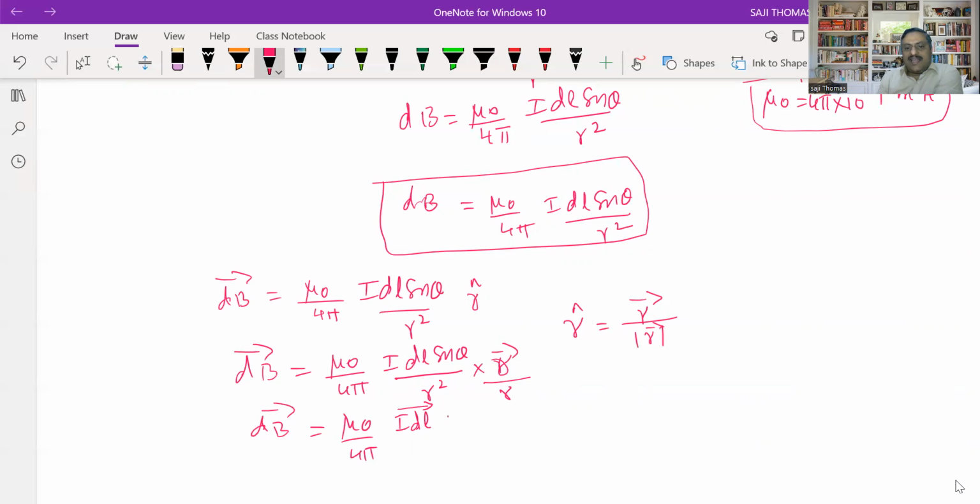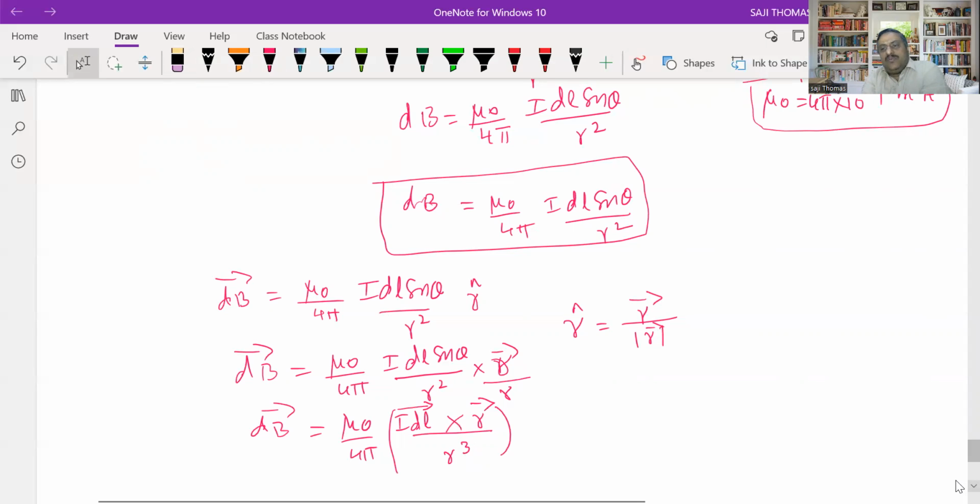We can write this as I dl cross r bar divided by r cube, because A cross B is AB sin theta. I use that result. dB equals mu 0 by 4 pi I dl cross r bar divided by r cube. This is Biot-Savart law in vector form.